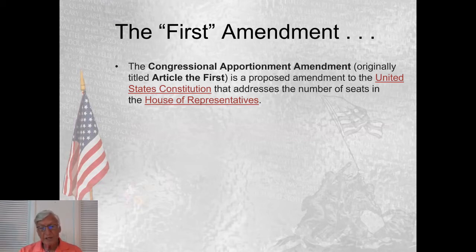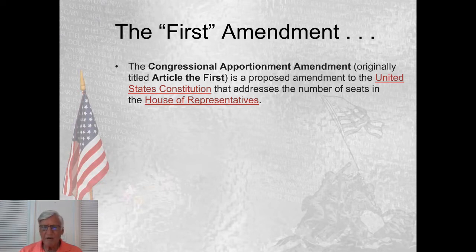Now, initially, when they sent out the Constitution for ratification to the states, they didn't have a Bill of Rights. But as the different states with their constitutional conventions debated this, there were many of them that said, no, there should be a Bill of Rights. It should include this and this and this and this. And so different states said that their approval of the Constitution was subject to these different Bill of Rights proposals.